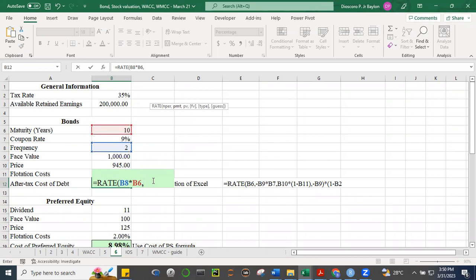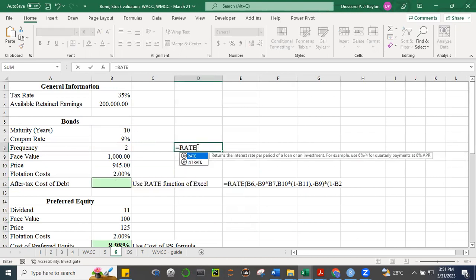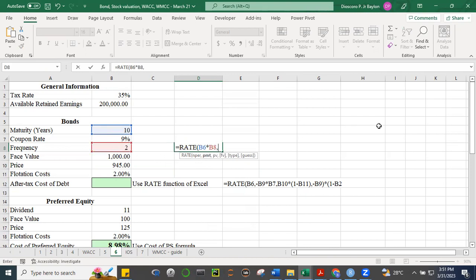Rate. N per is 10 times 2. What's our PMT?